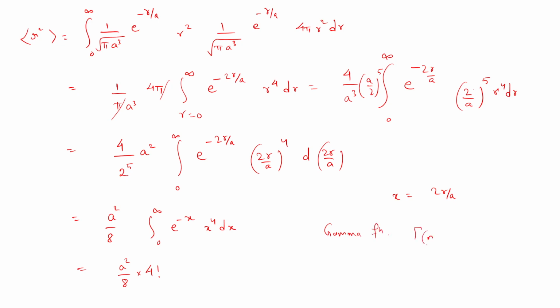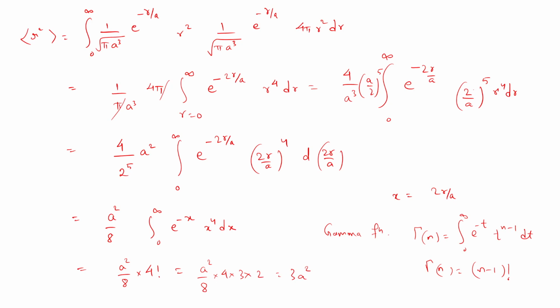Gamma n is given by the integral from 0 to infinity of e to the power minus t, t to the power n minus 1 dt. Okay, and gamma n equal to n minus 1 factorial. I have just used that one. So it is a square by 8 into 4 into 3 into 2, so it is 3a square.